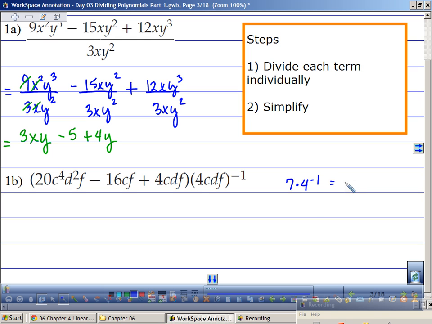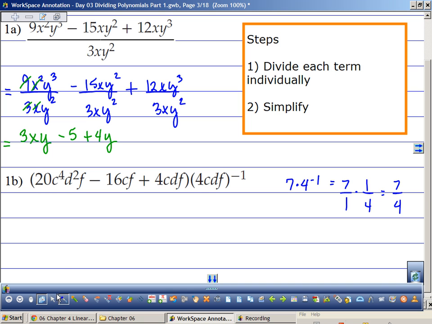So isn't this equivalent to 7 over 1 times 1 over 4, which is 7 over 4? So couldn't I just take this and put it in the denominator of each one of these? Correct? Right? So that's what I'm going to do.